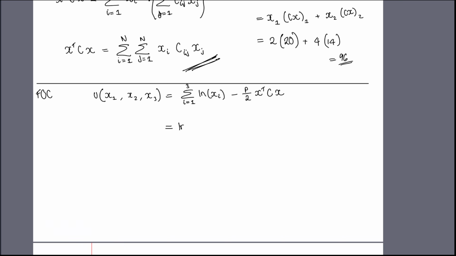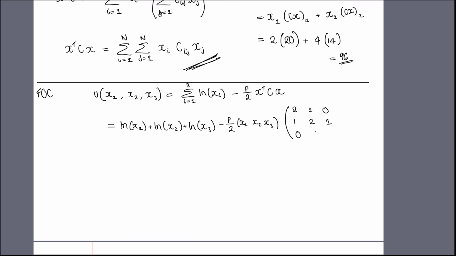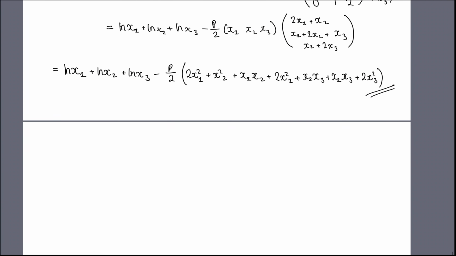So over here we get ln x1 plus ln x2 plus ln x3 minus rho over 2 times the vector x1, x2, x3 multiplied by the matrix 210, 121, 012, and the vector x1, x2, x3. So we get this as our fully expanded version. Now we can work out the first order conditions.